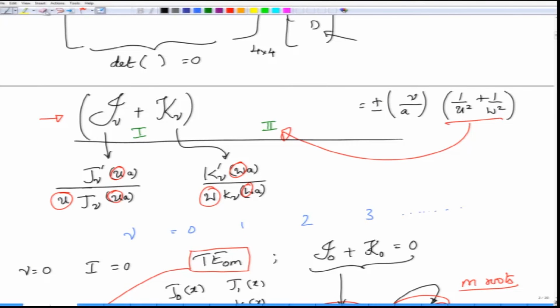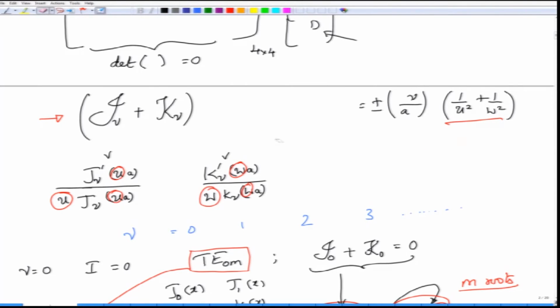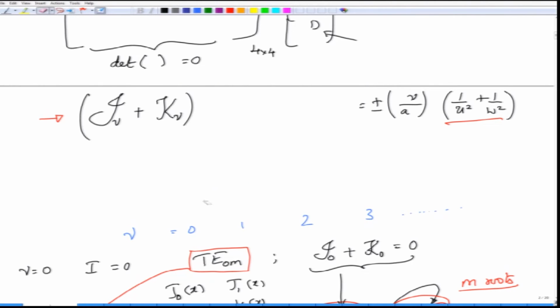So, let me erase all these things around it for you to look at the relationship. This is the actual equation that you are going to obtain for what are called the linearly polarized modes. In these linearly polarized modes you write down the modes as LP j m, where j is a different integer that I am going to discuss very shortly.